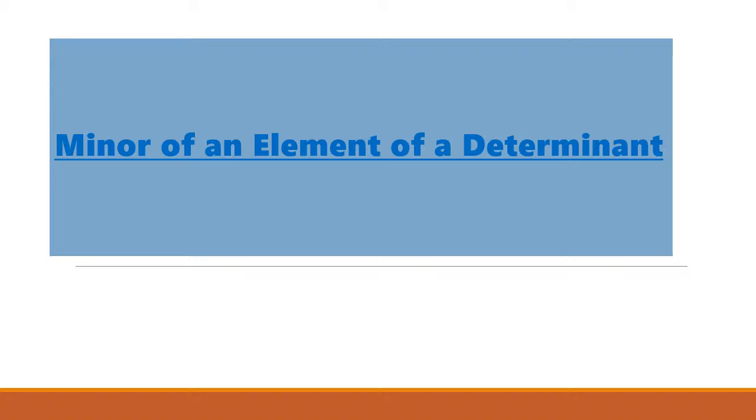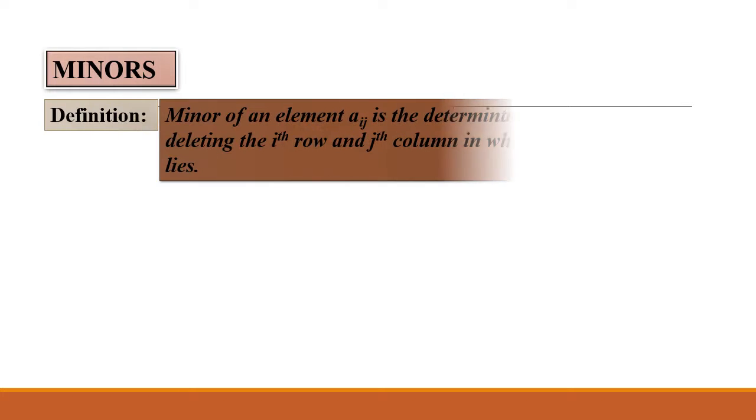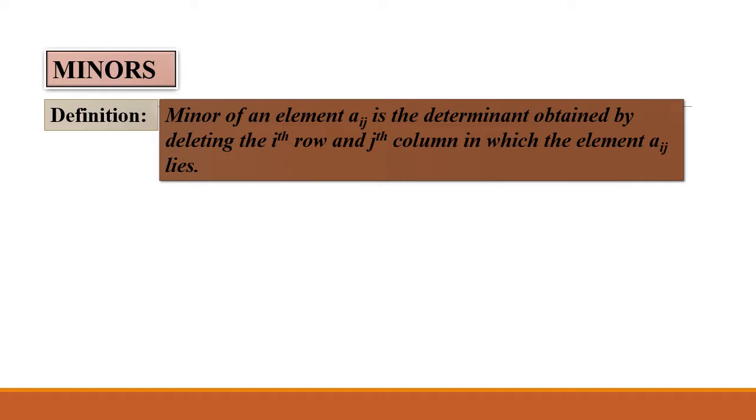So the next concept in determinants is minor and cofactor of an element. First we will understand the definition of the minor of an element. The minor of an element Aij is the determinant obtained by deleting the ith row and the jth column in which Aij lies.